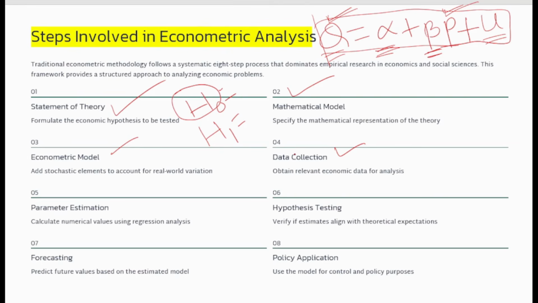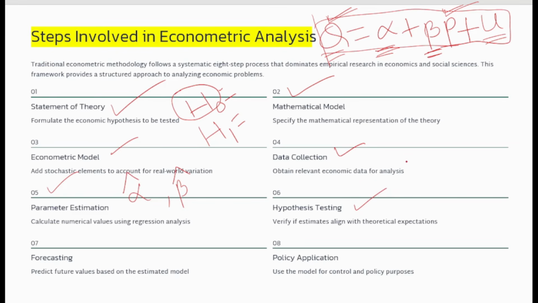After the data collection, we have to estimate the parameters. The parameters are alpha and beta. We need to estimate them. After estimation, it will be alpha hat and beta hat, called the estimated value of alpha and the estimated value of beta. After that, we will test the hypothesis.